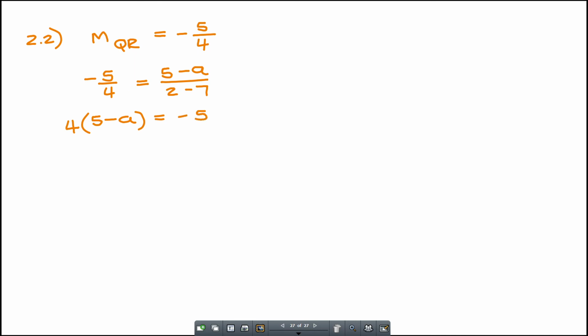So, gradient of QR is minus 5 over 4. Okay, so I'm going to say minus 5 over 4 equal to, 2 minus 7. So then I'm going to cross multiply, so 4 times 5 minus A is equal to, I'm going to throw my minus in here. That 2 minus 7 gives me minus 5.